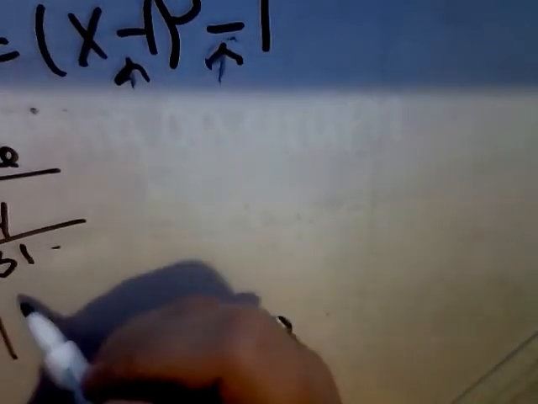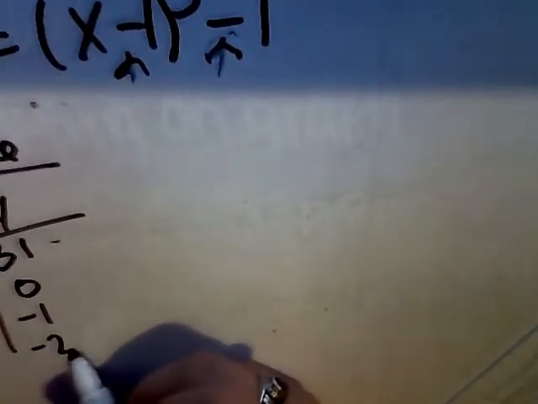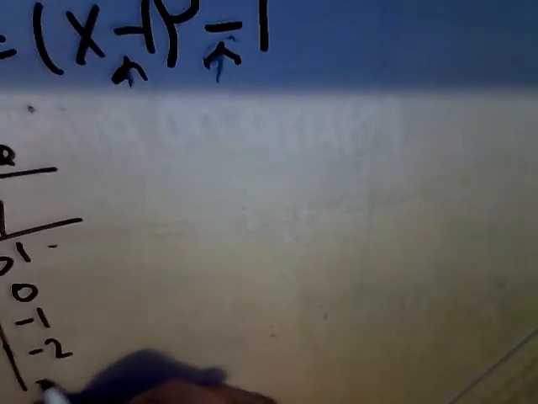If you plug in a 2, you get 0. 1, you get negative 1. 0, you get negative 2. If you do plug in a negative 1, you get negative 33.